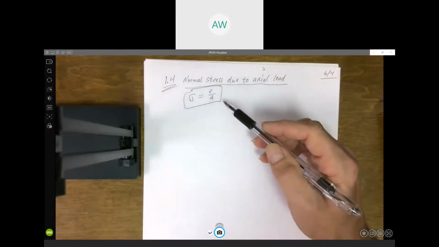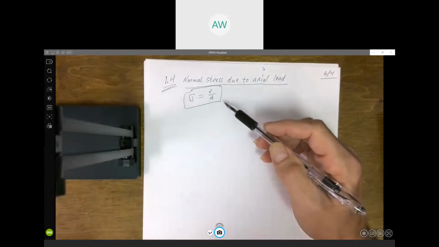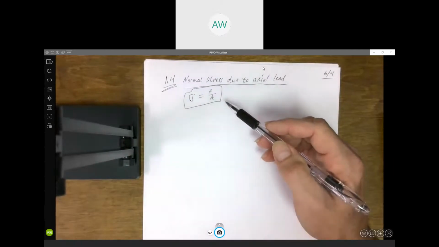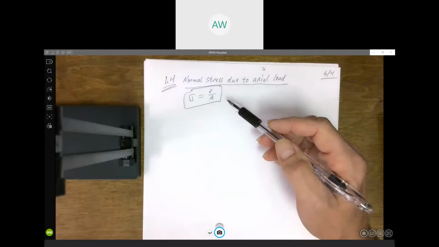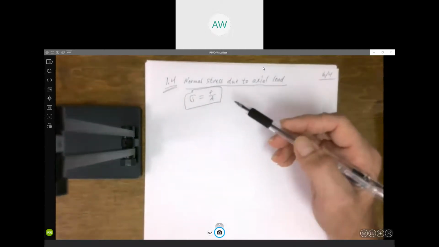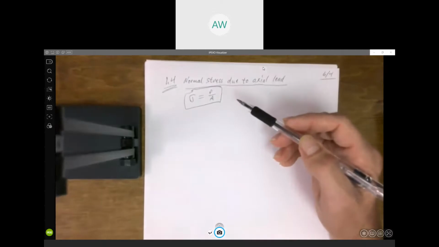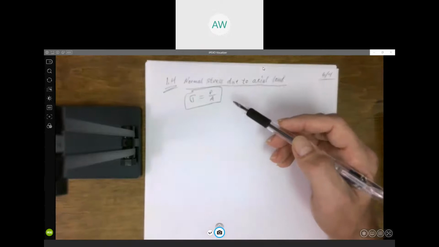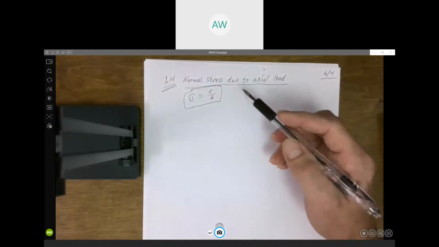We did an example yesterday. We had a bar with different cross-sections, different axial loads applied. And that was where we got to yesterday. And I want to work one more example, calculating normal stress, before we move on and start talking about shear stress.